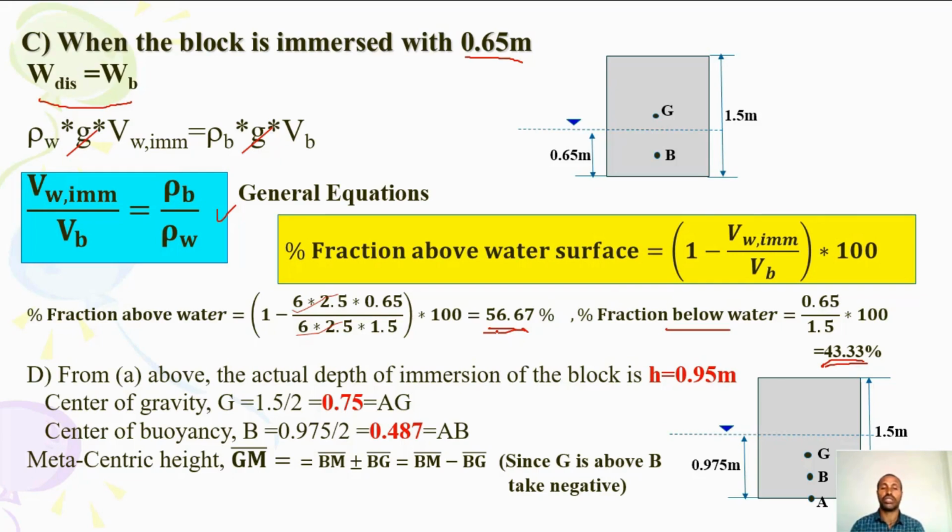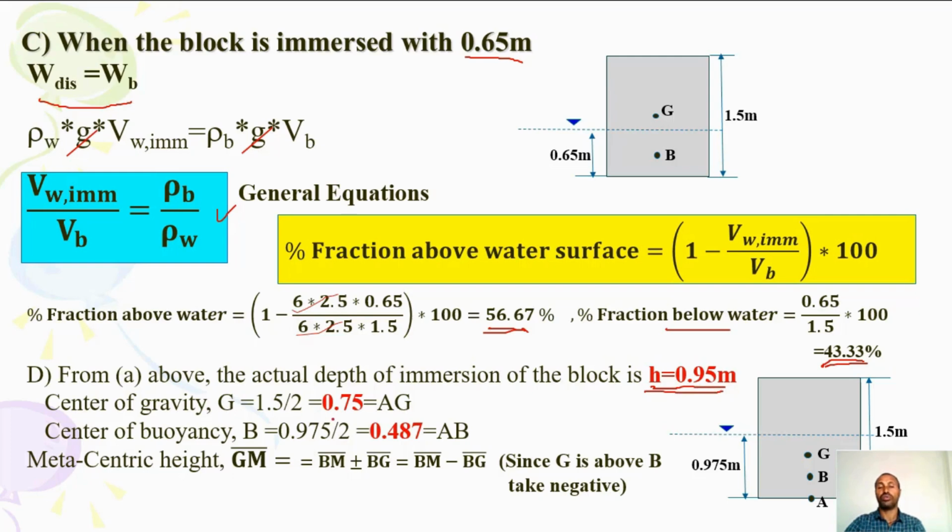So this is important. When the object is immersed with this dimension, you can find the percentage of fraction below and above water. So from the calculation, due to the object density and weight, the actual depth of immersion of the block is 0.95 meter.